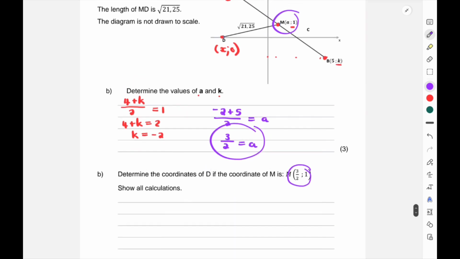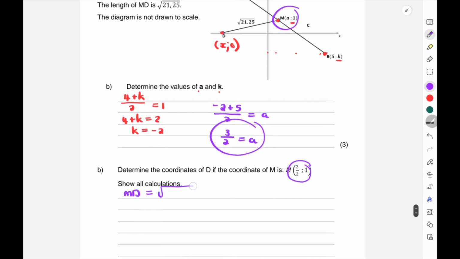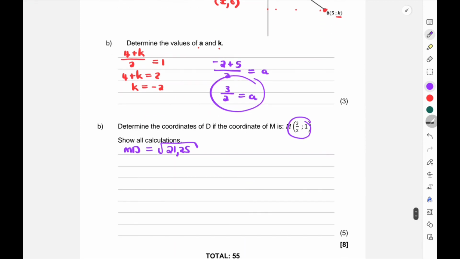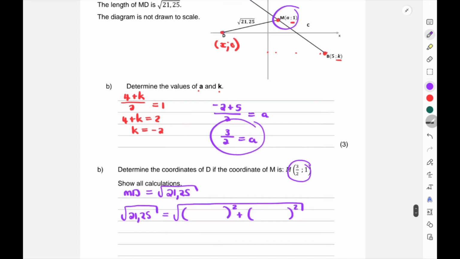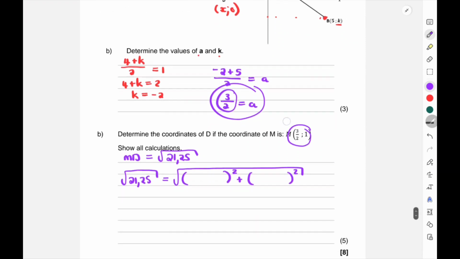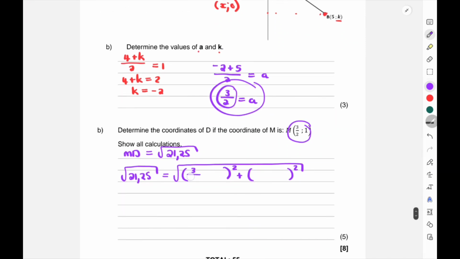Okay, so we know the distance of MD is equal to the square root of 21.25. So let's go work out the distance. We're going to equate it to 21.25. Okay, so that a over there we know now is 3/2. So it's going to be 3/2 minus x.